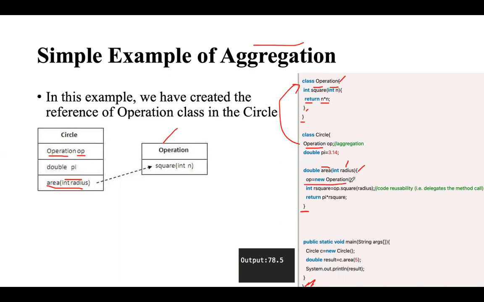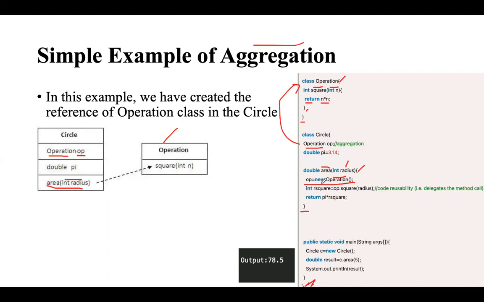The left hand side of this statement is simply OP, and OP has the data type operation, and then equal to new operation. This is the call to the default constructor of the operation class. We don't have the default constructor in it. If we don't have one, then we know that the compiler will automatically create this default constructor for us.